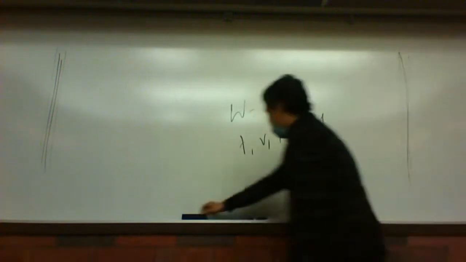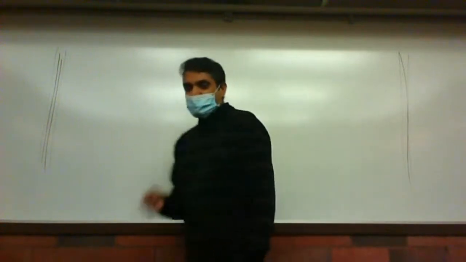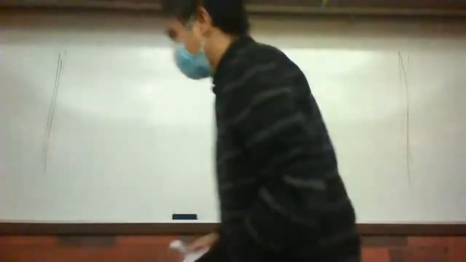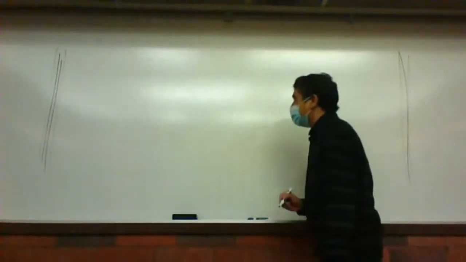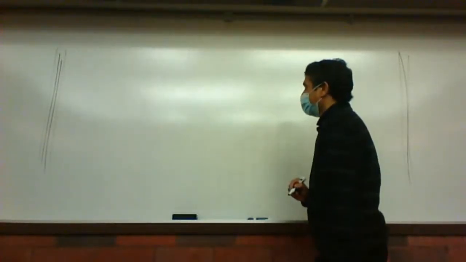Good. Now we start the new slides that I posted yesterday evening. I plan to finish it first today, or if not, maybe a little bit in the next class. There are two kinds of equation you see in the first law of thermodynamics.